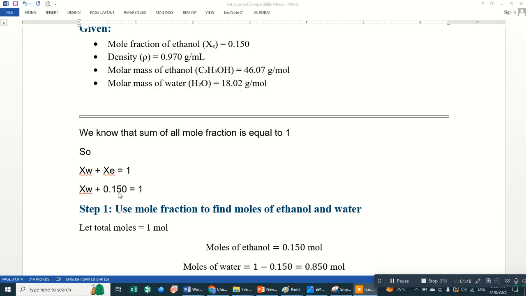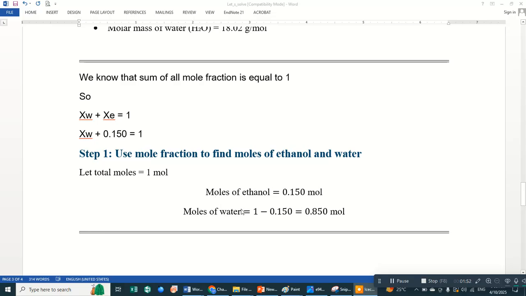Then how can we calculate the mole fraction of water? It is 1 minus the mole fraction of ethanol, that is 0.85. We calculated the mole fraction of water from the mole fraction of ethanol in the first step.